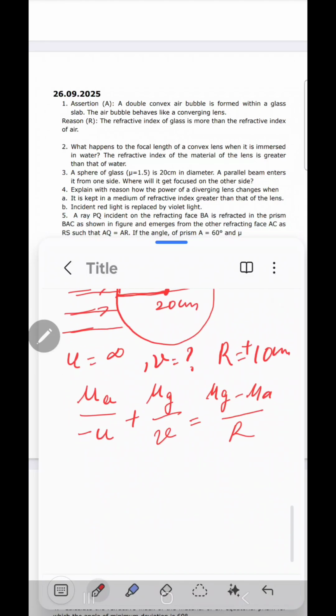In terms of mu 1, mu 2 we have the formula, but now I have written it in terms of mu glass and mu air. Now this is infinity, so mu air over minus infinity plus mu glass, which is 1.5, over v, v is the image distance, is equal to mu glass 1.5 minus 1 over r. R here is 10.